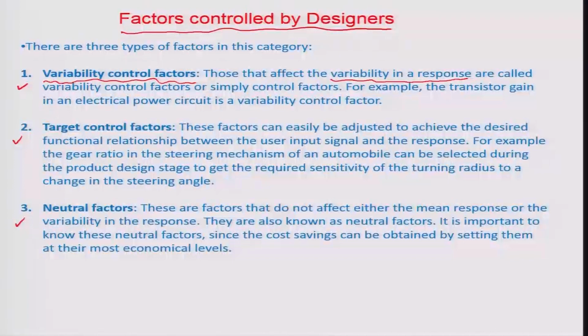We will look at a very important example here, which was proposed by Taguchi himself, about transistor gain in an electrical power circuit, where we will talk about the response level of a transistor circuit based on the gain voltage. Because of the nonlinear characteristics of the target, you would find that in two different voltage ranges for the gain voltage, there will be different output levels.